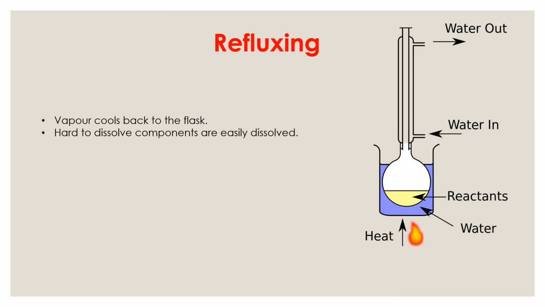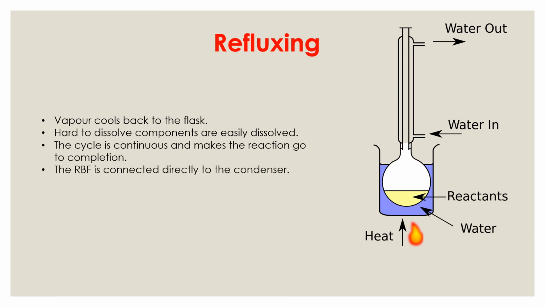The entire mixture is heated up in a water bath, and then the chemical changes into a vapor where the vapor changes into a liquid. So this liquid will drop back into the reaction vessel where the continuous cycle of evaporation and condensation takes place. And in this case, we ensure that the reactants are completely used up.